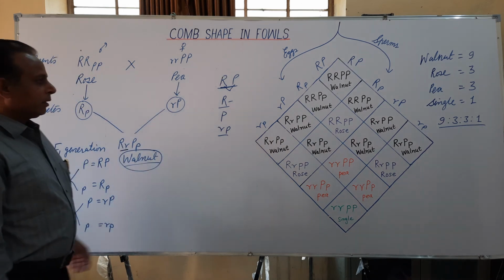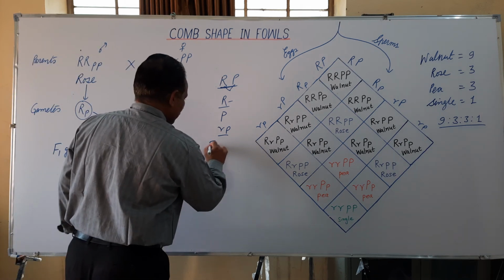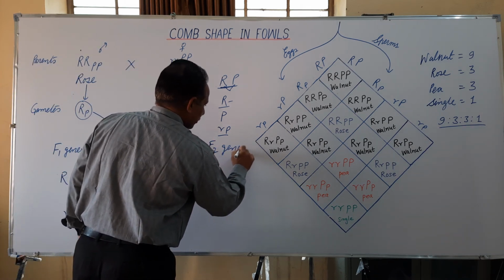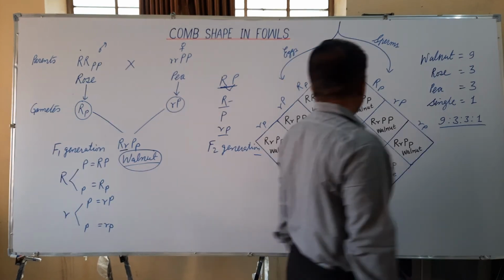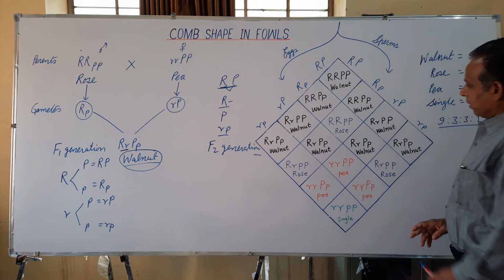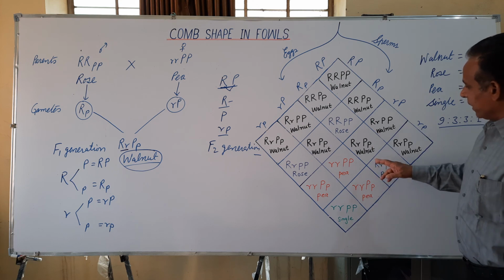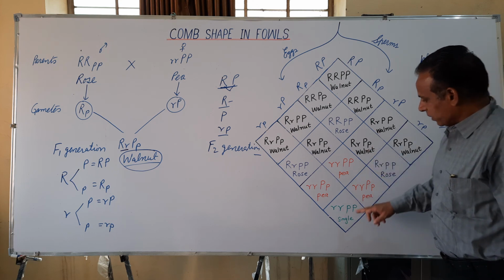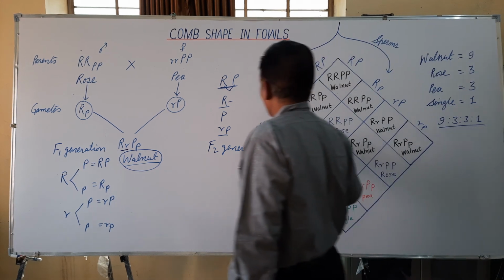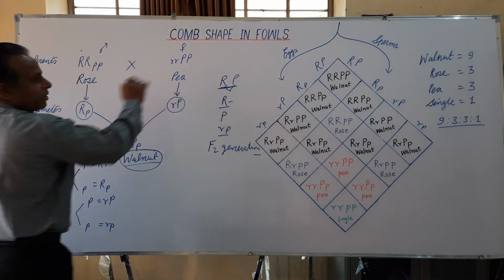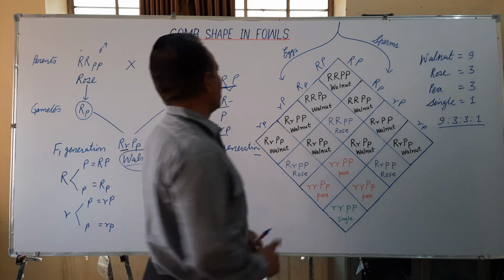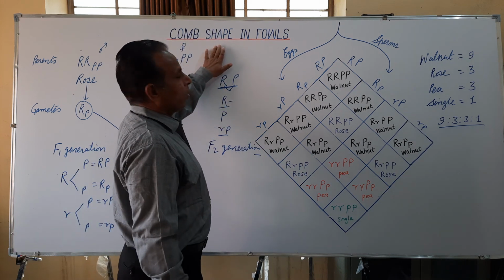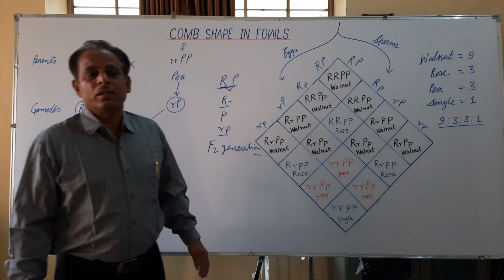And second, in the F2 generation there are two new types of comb that appeared, walnut and single, which are not found in the parent population. So these are the two unusual features found in this type of non-allelic gene interaction. Thank you.